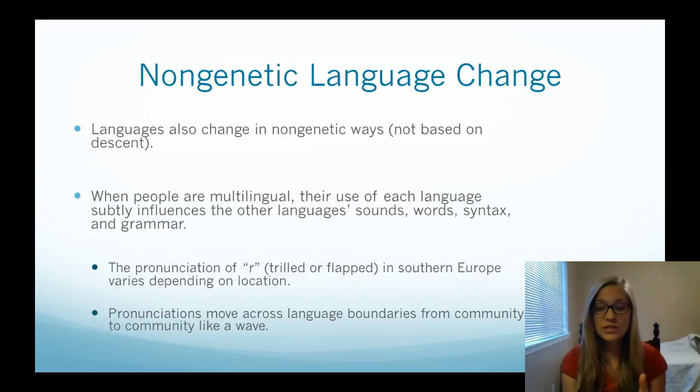And we're also going to see kind of variations on the same sounds in different languages. So different pronunciations of the sound R or letter R in different parts of the world or different parts of a single country. Okay, and so you can see these things diffuse and move from place to place and culture to culture if they're speaking the same language already.